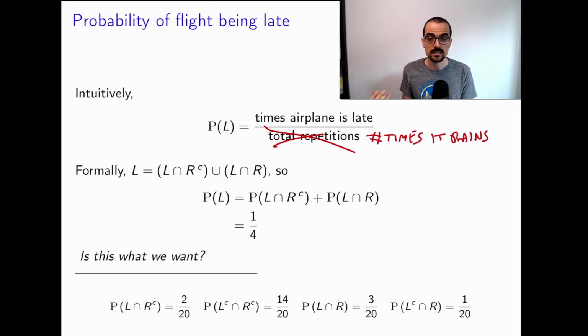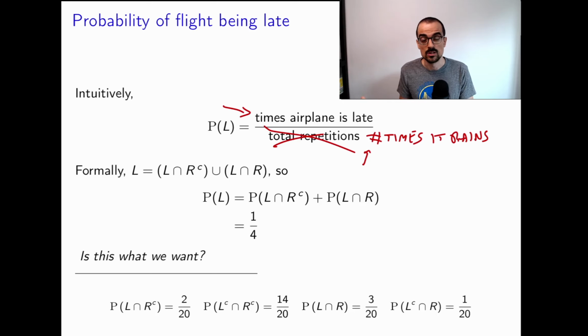We are interested in the number of times that the airplane is late, right? So another question, do you think we should keep the numerator as it is? Because we're interested in the times that it rains, we're changing the total repetitions to the repetitions only when we observe that it rains. Should we keep that numerator?